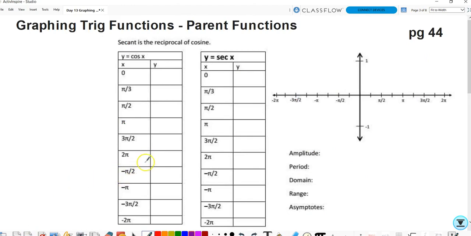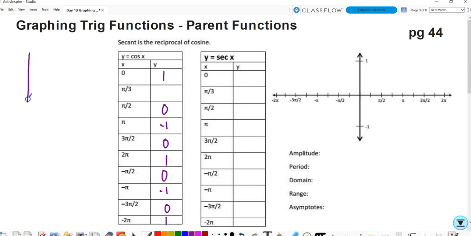Okay, so we're going to do the same thing for secant and cotangent. Okay, so for the secant function, which is the reciprocal of cosine, let me fill in my cosine values again. So you can go copy these back down from page 42 where we first did the cosine function.